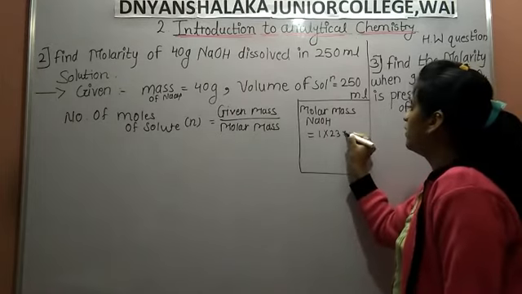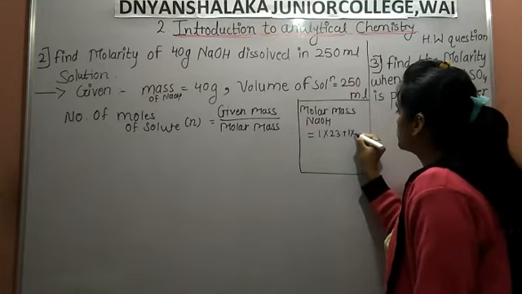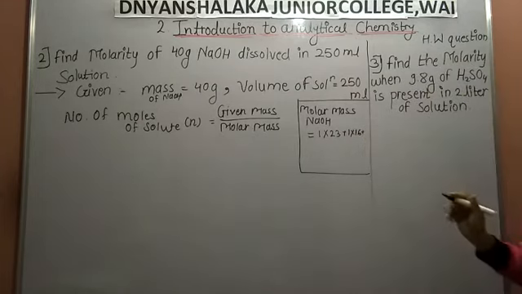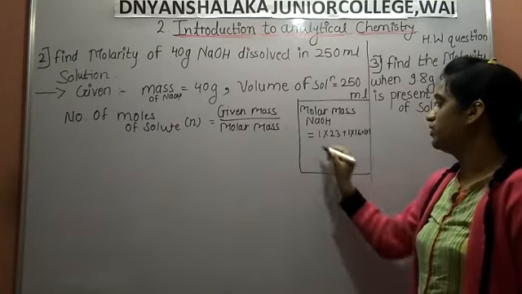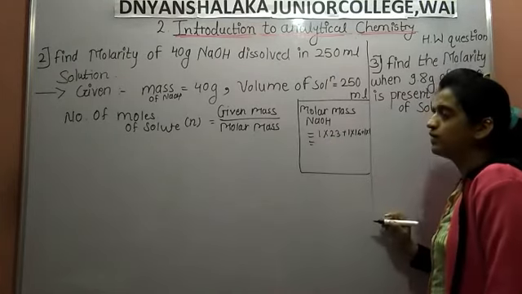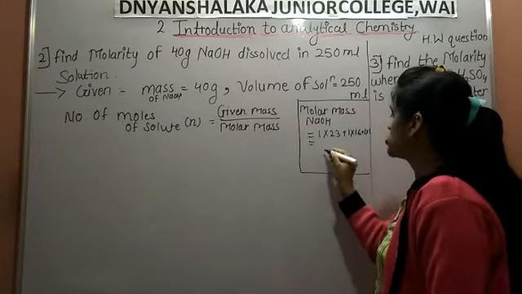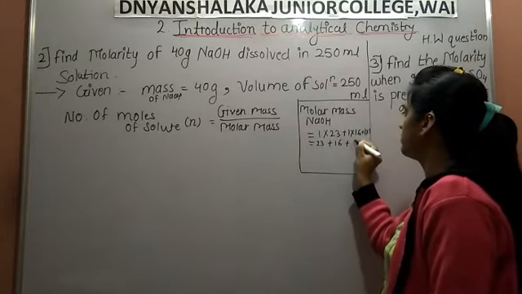Next, 1 atom of oxygen into atomic mass of oxygen 16, plus 1 atom of hydrogen into atomic mass of hydrogen, which is 1. First solve multiplication and then addition. So 23 ones are 23 plus 16 ones are 16 plus 1 ones are 1.